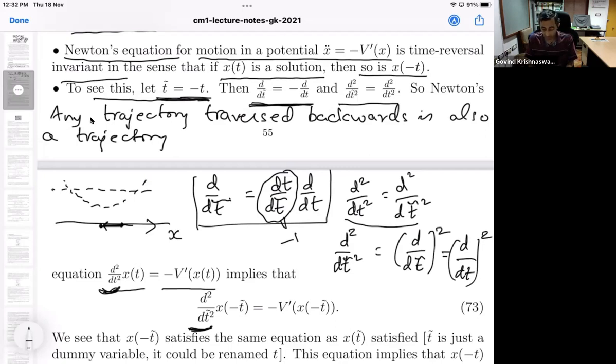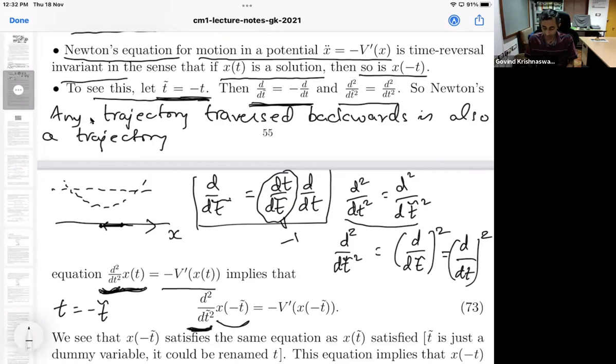Okay, so I'm now rewriting Newton's equation in terms of t tilde. Left hand side becomes d squared by dt tilde squared. x of t is now replaced by x of minus t tilde, right? Because t was minus t tilde. All right.